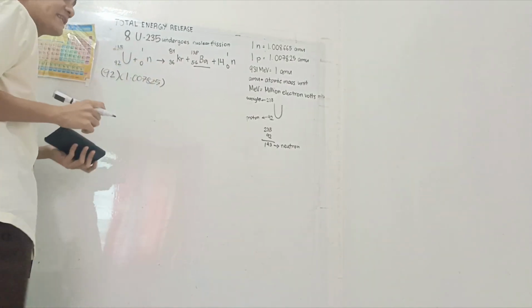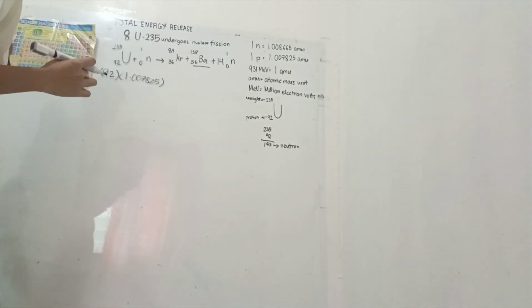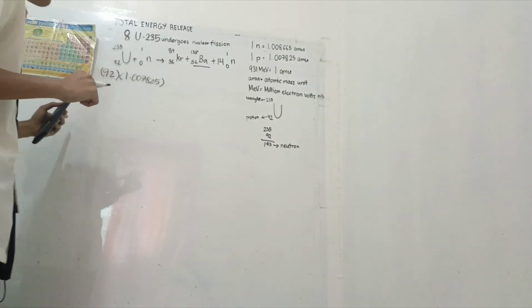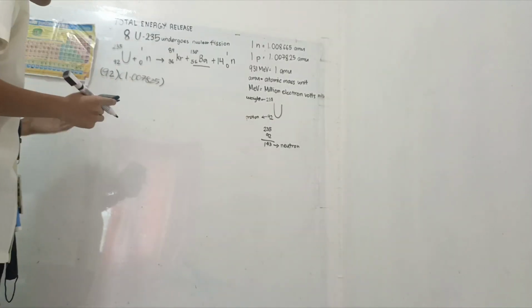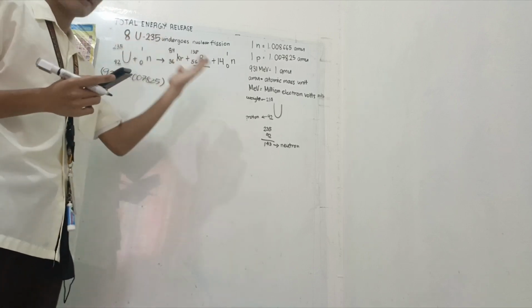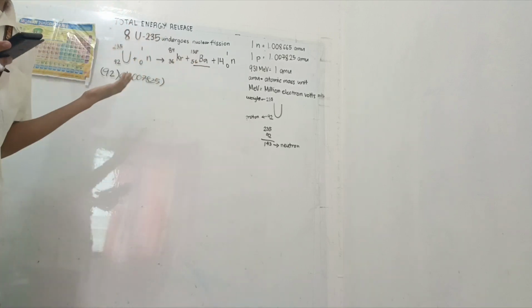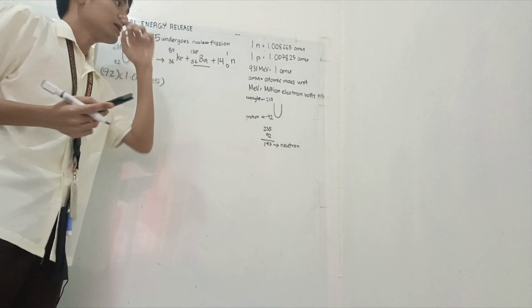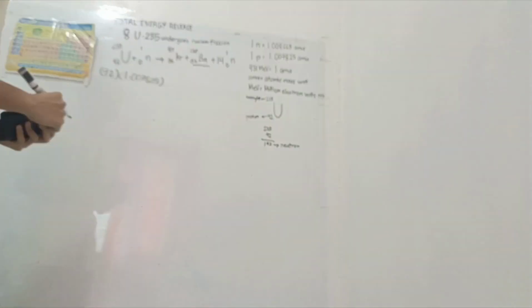Now, kinonvert natin sila lahat sa AMU para mas madali natin isolve yung total energy release. Hindi kasi natin pwedeng gamitin yung mismong number dahil kailangan natin siyang i-convert into AMU, which is nandito yung mga value ng katumbas ng isang neutron into AMU at isang proton into AMU, at 931 MeV is 1 AMU. So, compute natin doon para hindi tayo mamali sa ating solution.